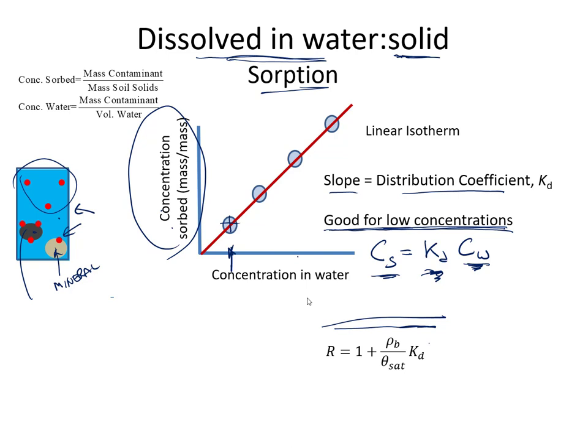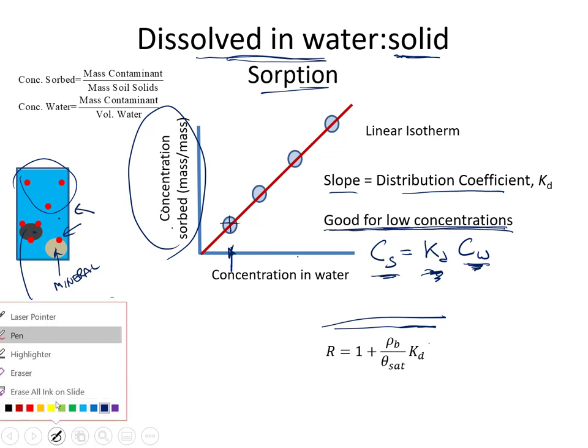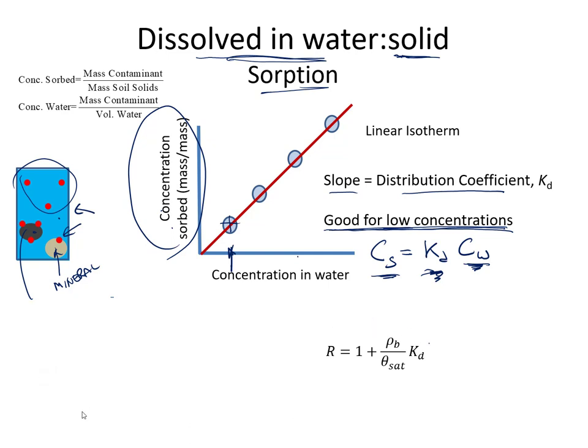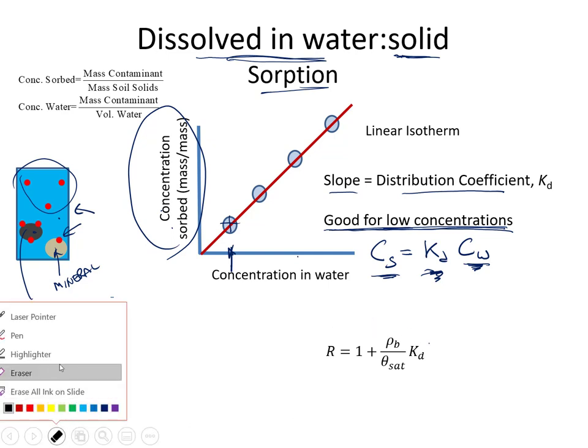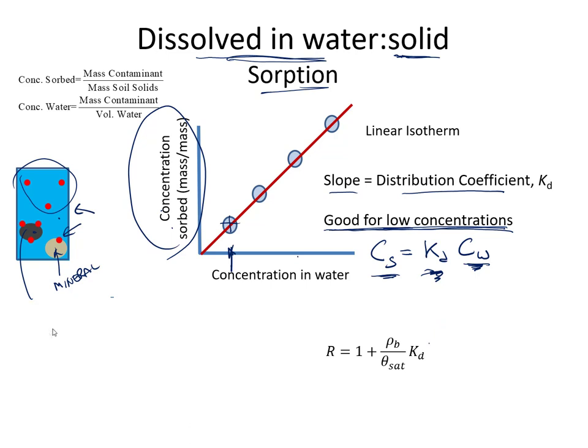What happens though is that as the concentration increases, it no longer stays linear in a lot of cases. Well, essentially in any case that's going to be true, and the reason is because you can think of this like so: when the absorption process is going on, here's a solid grain, and that solid grain has places on the surface of it that can accept a contaminant molecule.